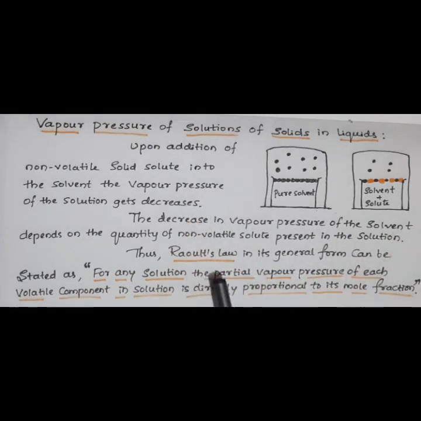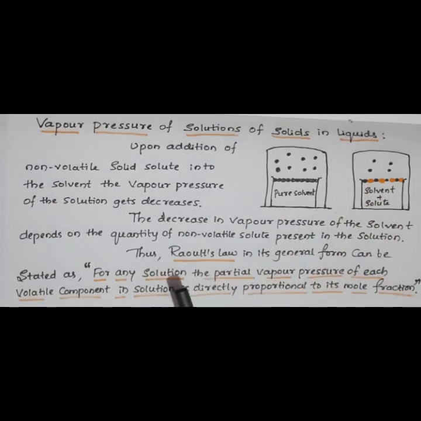So, Raoult's law can be stated for non-volatile solutes as well as for volatile liquids. In the previous video, we studied Raoult's law for volatile liquids, and now this is the general statement of Raoult's law where the solution contains non-volatile solute particles.